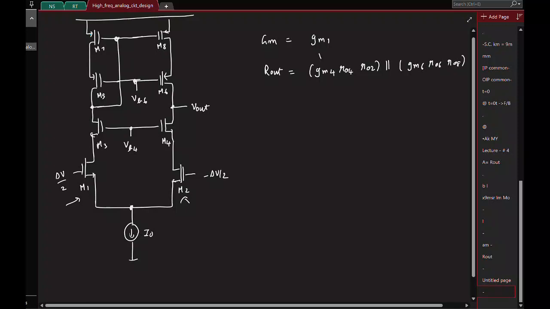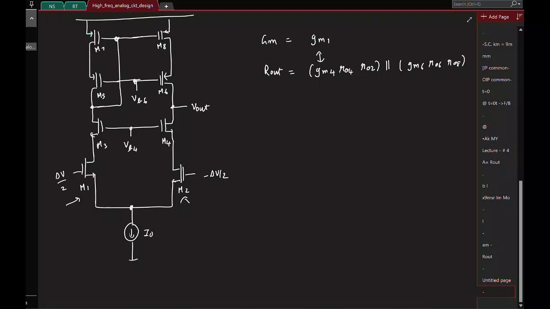So the gain is basically the product of these two. So the gain is basically some GM times R out, of the order of GM squared. Whereas when you didn't make this current mirror connection, it was half. Okay, that's all.